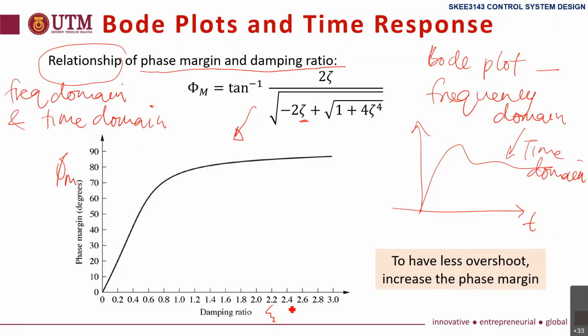We can see that if we increase phase margin, damping ratio also increases, or the other way, if I increase damping ratio, phase margin also increases, but they are not linear. This graph will be given in the exam. When we want damping ratio 0.5, you can use 0.5 here and know what phase margin is required.